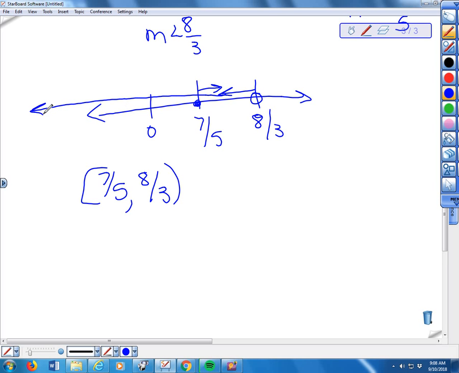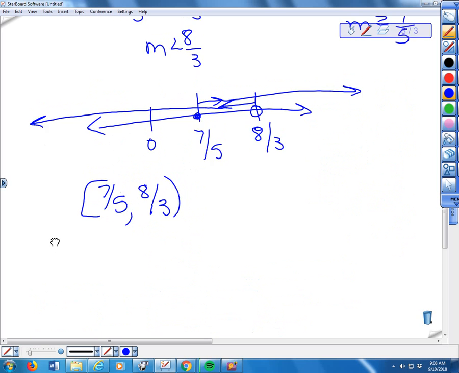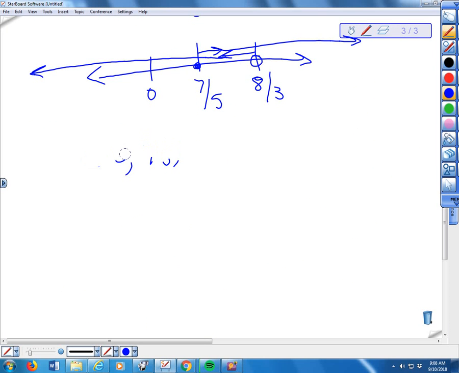And this arrow goes on forever. And because it's an or, it can be either or. So this is going to be similar to something on the quiz. If you end up graphing it, and it started out as an or, treat it like an or. If it says and, treat it as an and.